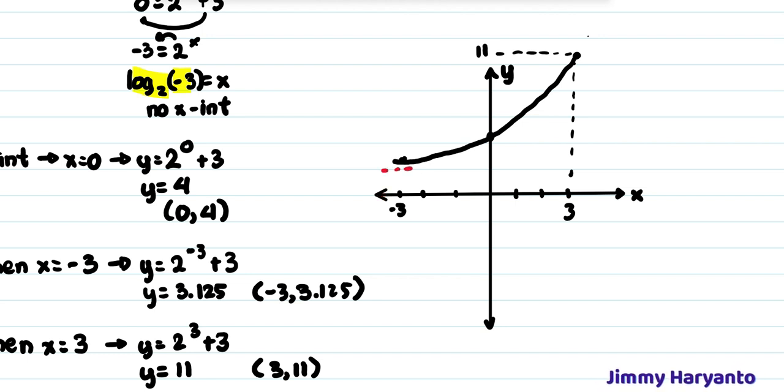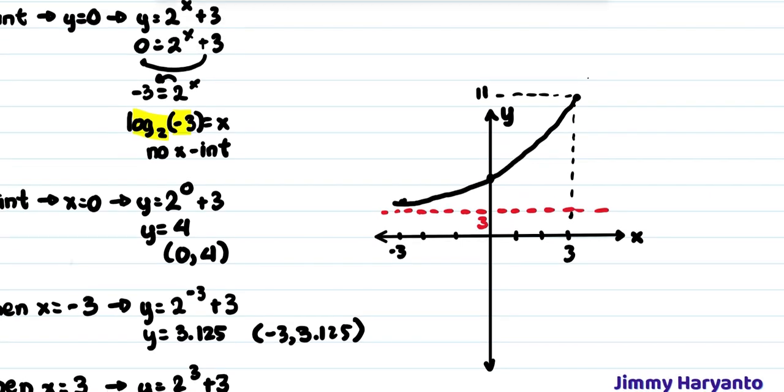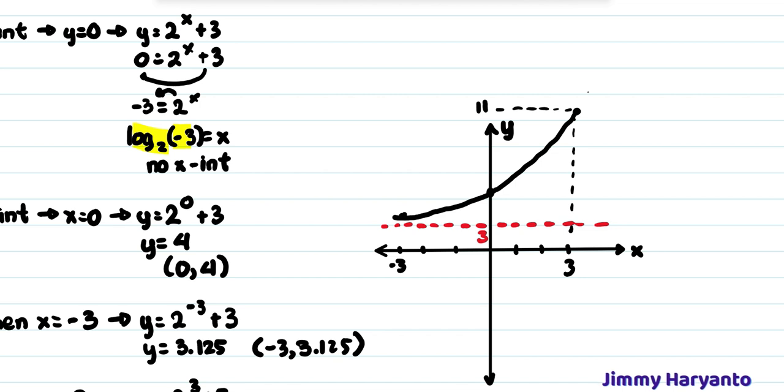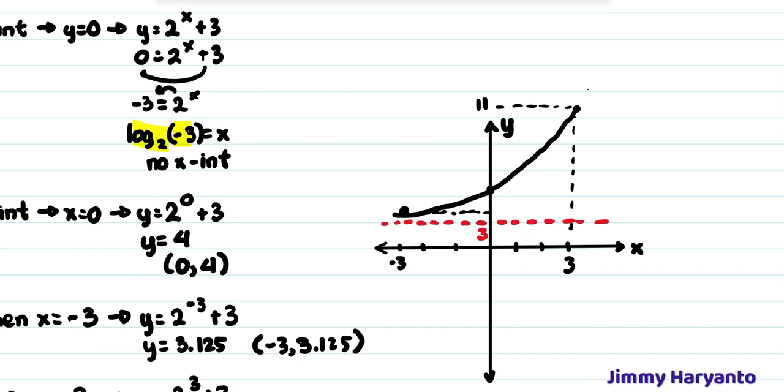So the asymptote will be at 3, but don't bother with that one because the x is limited, so just focus on these values. So the values are 3.125 and 11.